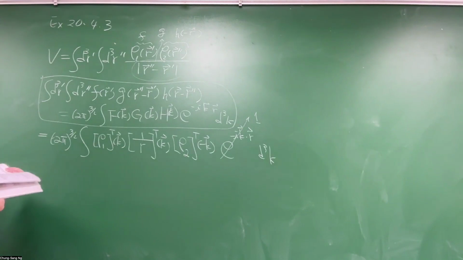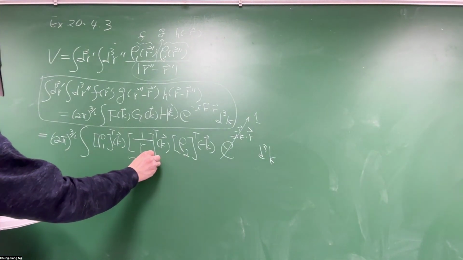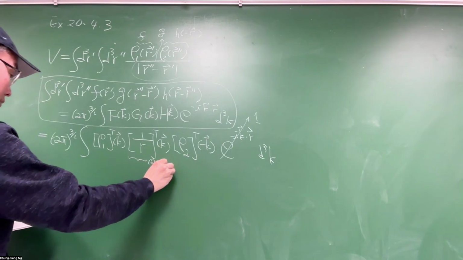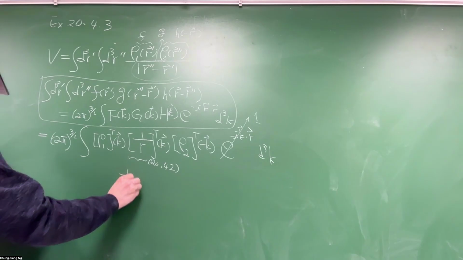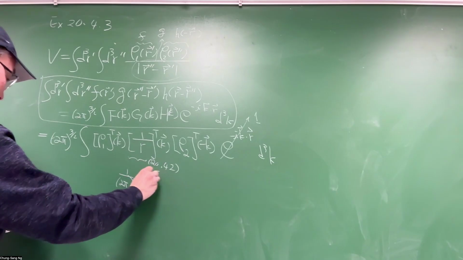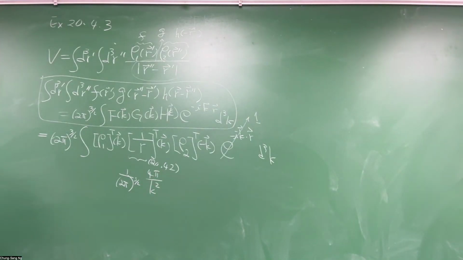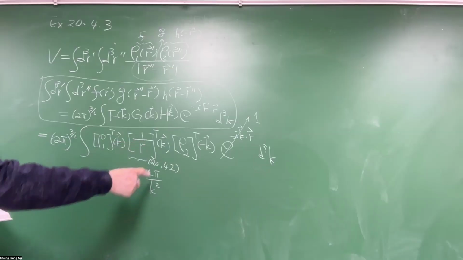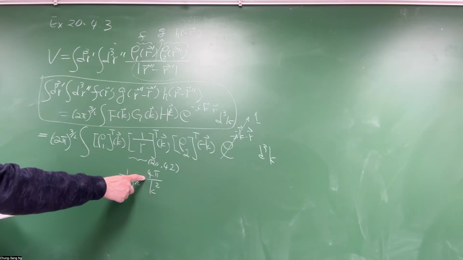This is what it is. We did that in 20.42, the 1 over 2 pi, and we have 4 pi.